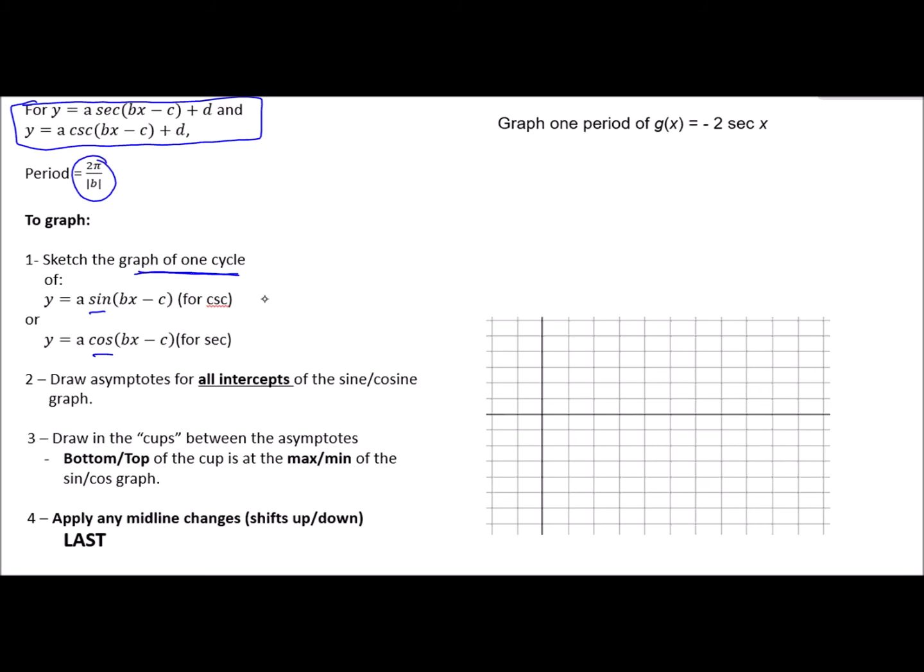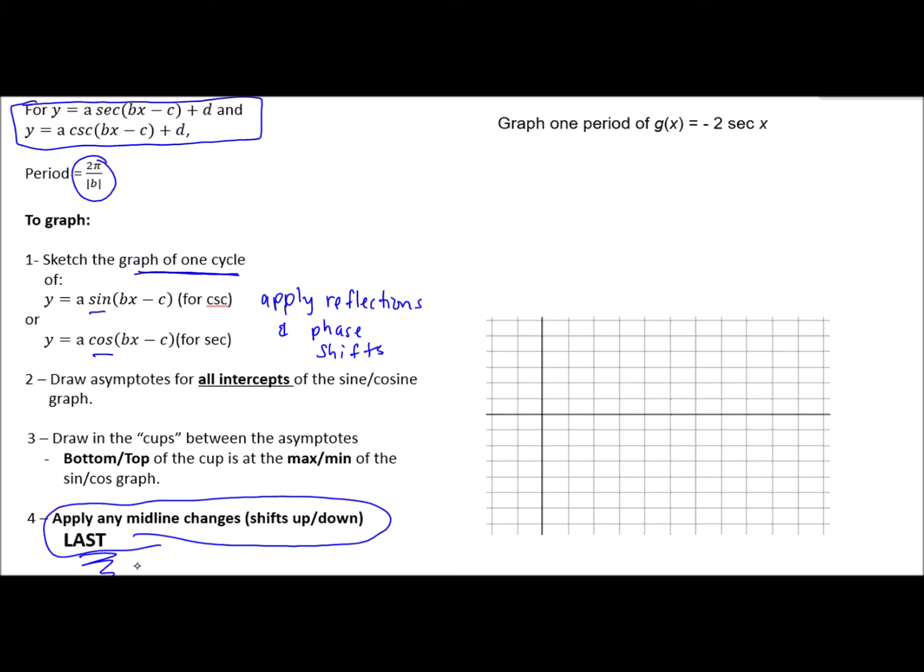You're going to apply reflections and phase shifts. But we're going to do the midline changes very, very last. When we start putting in intercepts and flipping our cups, it's easier to do that before we start shifting up and down. It makes more sense to do it this way. Less thought involved in it.